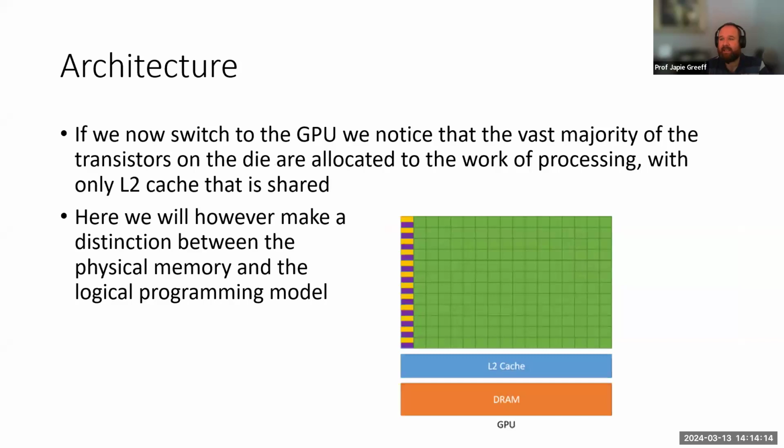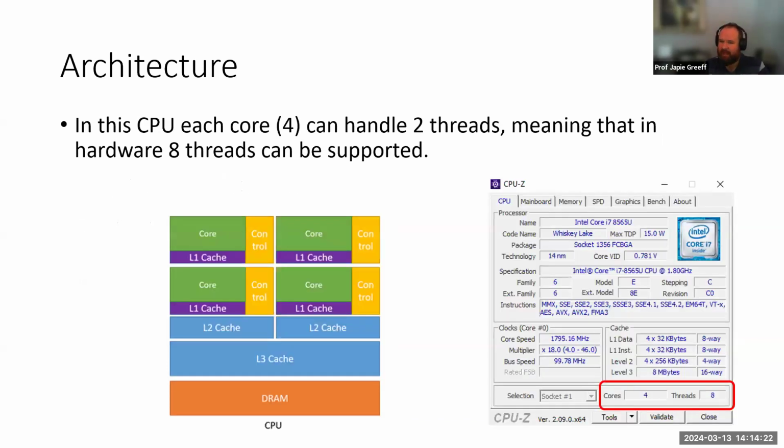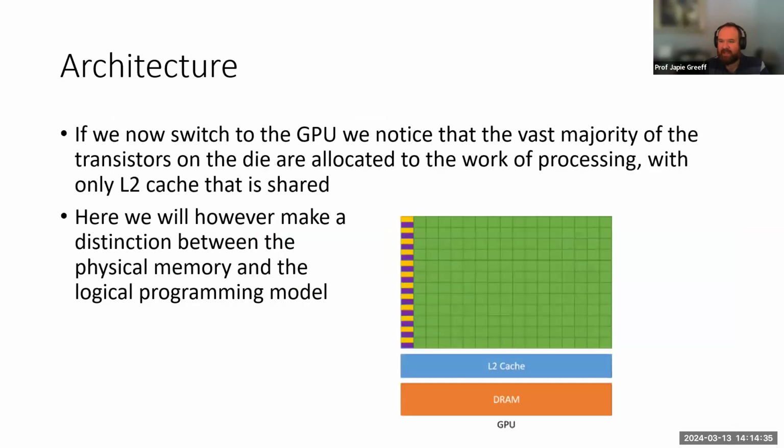And what we will see here is that there is a huge difference in the way things have been mapped out. So what I've done here is in this image, we've got the cores marked in green. So you'll see how much space they take up. And then the cache marked in purple and the control logic marked in yellow. The same colors are going to move over to the next diagram.